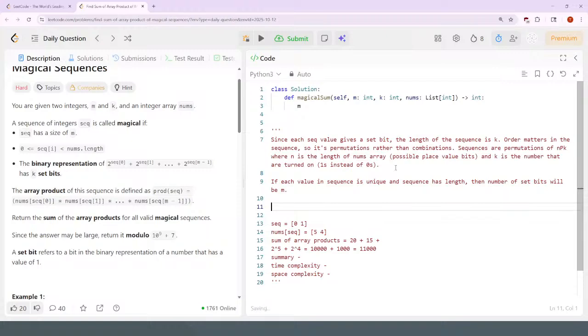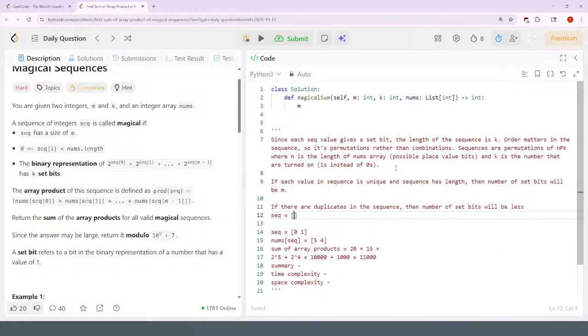So if the sequence is like 0, 3, 2, so it's unique, that means each of those turns on a bit, so it'd be 3 values that are unique. But if there are duplicates in the sequence, then the number of set bits will be less.